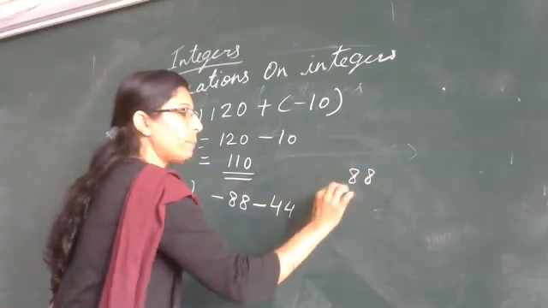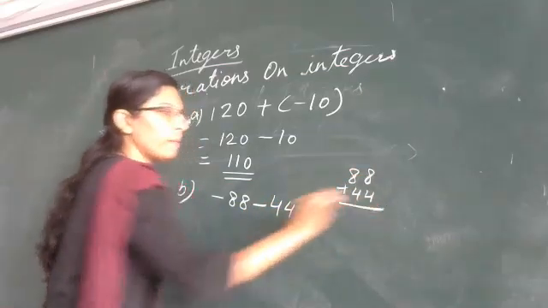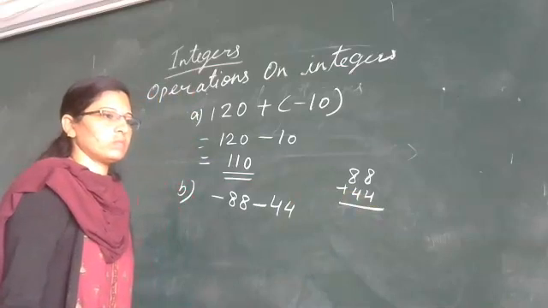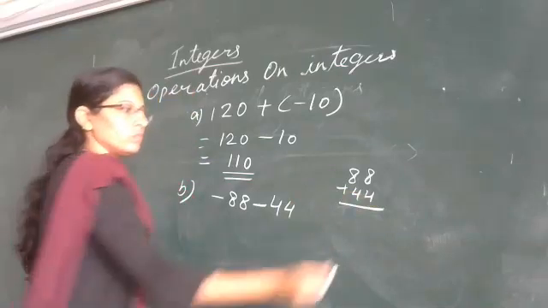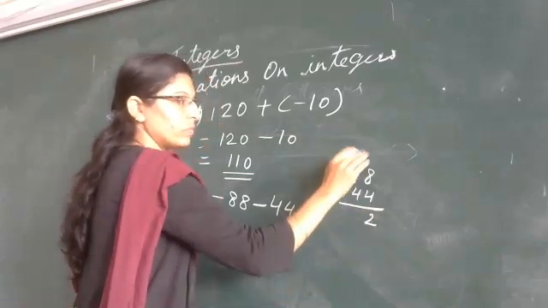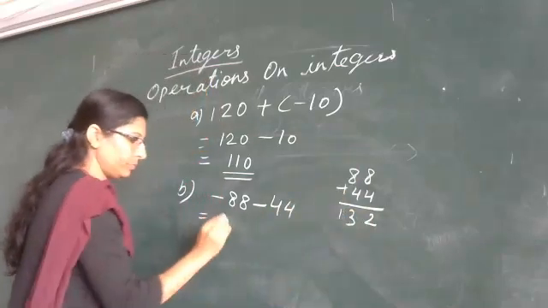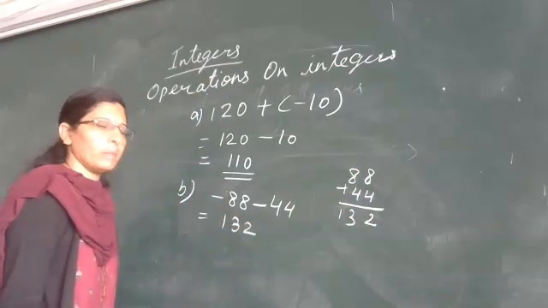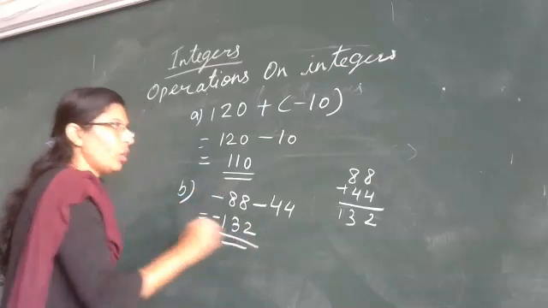Means 88 plus 44 is 132. And which sign will come? Minus. Okay.